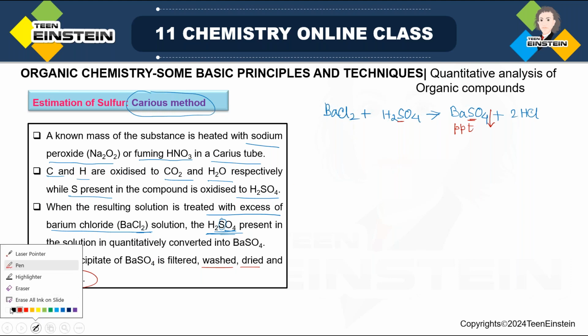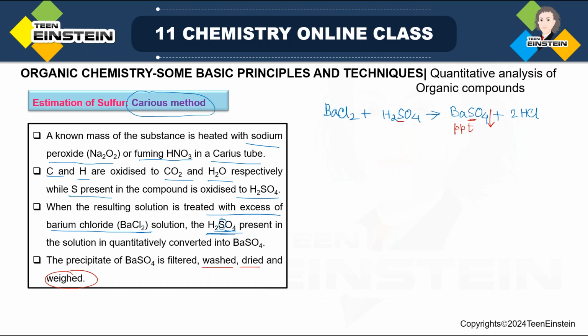Now when we do the calculation, we will start from the number of moles of BaSO4, which is equal to the number of moles of sulfur, because per mole of BaSO4 you have only one sulfur atom.